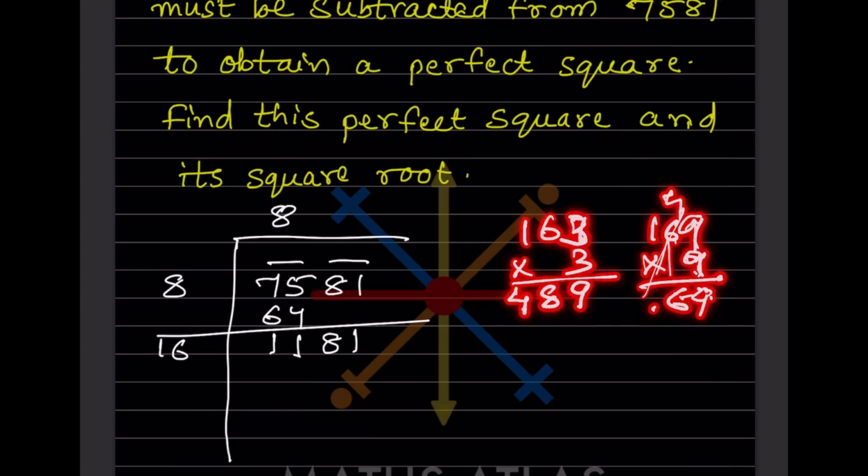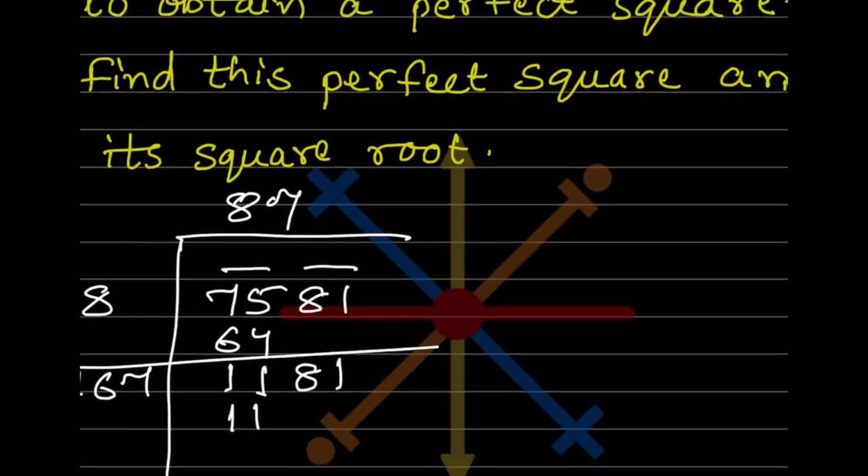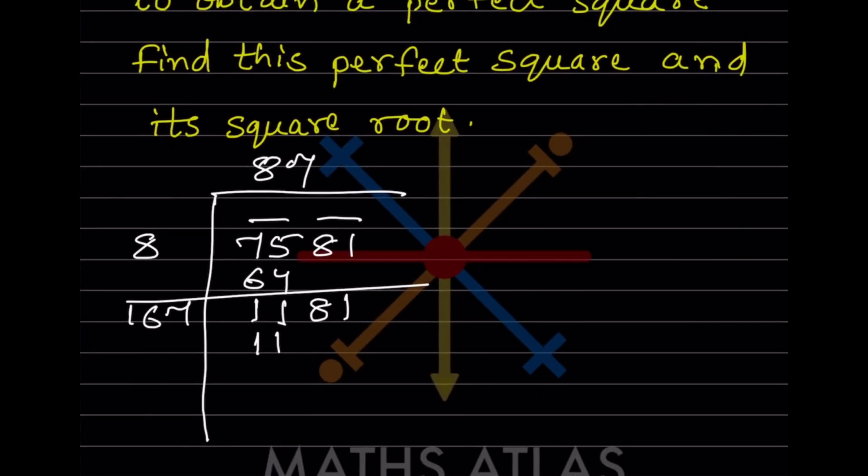So sorry, 169. So it should be 1169. Once again, let us do it. 167 into 7. This will be 442, and this will be 46. So this should be 1169.